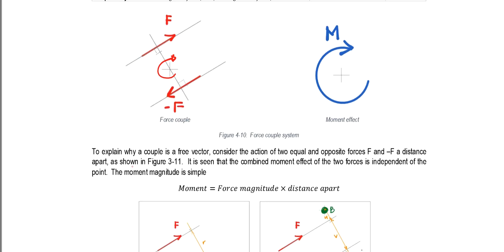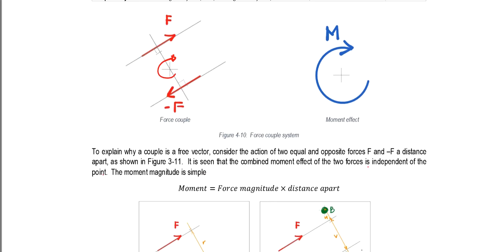To explain why a couple is a free vector, consider the action of two equal and opposite forces F and negative F, at a distance apart as shown in figure 3.11. It is seen that the combined moment effect of the two forces is independent of the point.